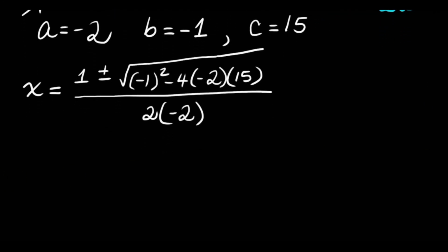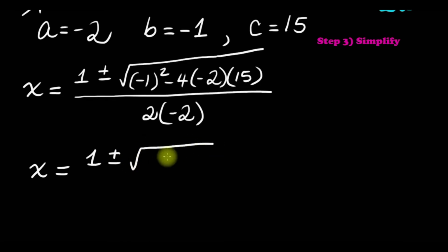Okay, step 3, let's go ahead and take a look at what we have to do for step 3. And step 3 is to simplify. Simplify the expression that is on the right-hand side of the equal sign. So we have 1 plus or minus square root of. Now negative 1 squared is 1, because it's negative 1 times negative 1. And then you got to multiply the negative 4.